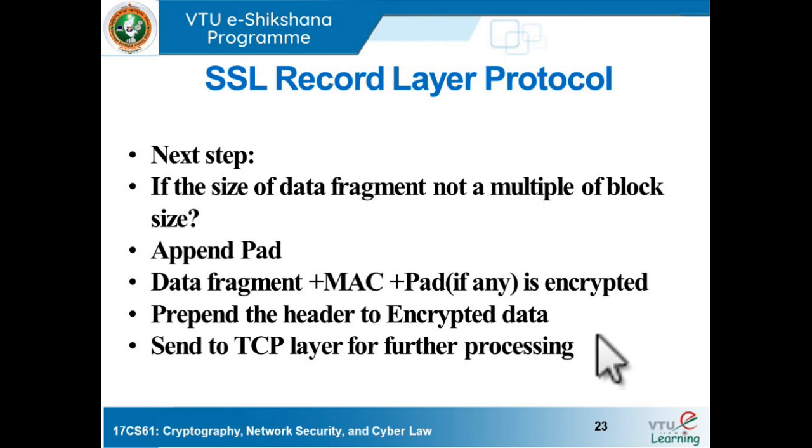After encryption, this entire encrypted data is prepended with a header, that is, a header is attached in front of the encrypted data. Once the header is prepended, it is sent to the TCP layer, the underlying layer, for further processing. Remember that the SSL record layer is below the handshake layer, and above the handshake layer is the application layer.